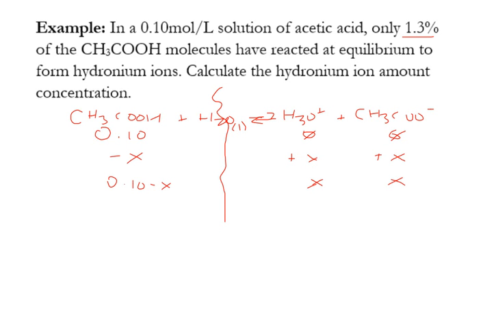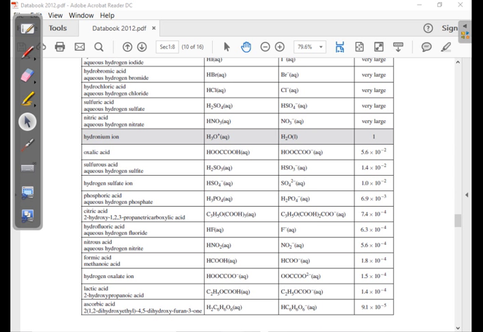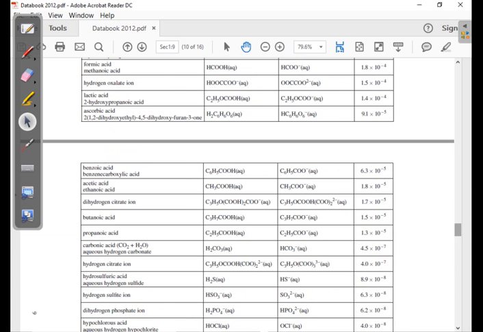Now, I know that only about 10% of this turns into the stuff over here, but I actually have a better way of calculating this now. If you guys go to your data booklet, find acetic acid, which I believe is just slightly underneath the fold of your page. Can you guys see how there's a K? We call it a Ka value, specifically because it's an acid, but I actually know its value.